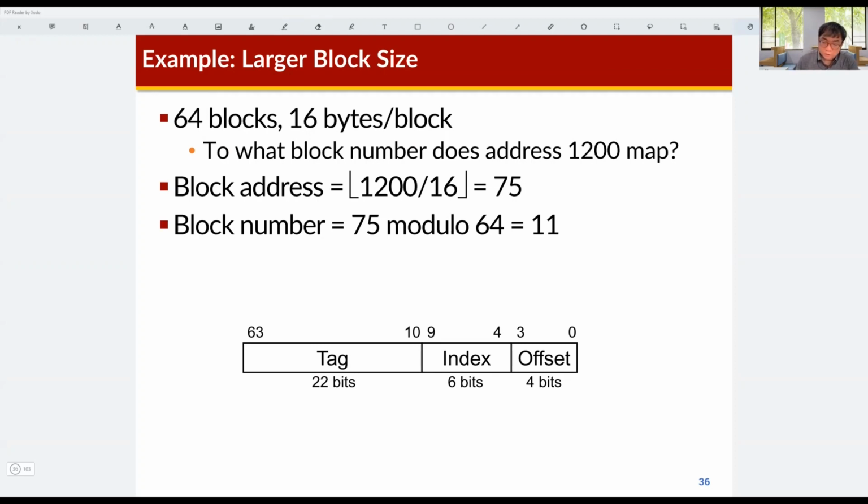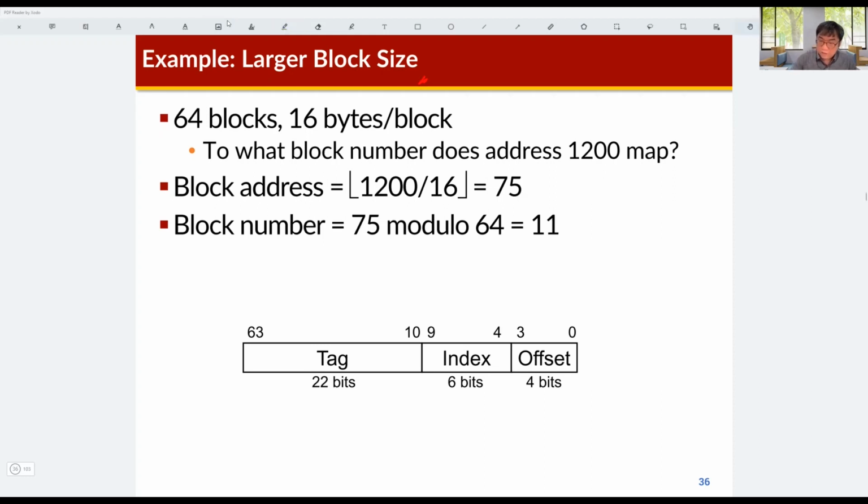This slide also shows an example of how the addresses are assigned to the tags, indexes, and byte offsets. But this slide also shows a larger block size cache.